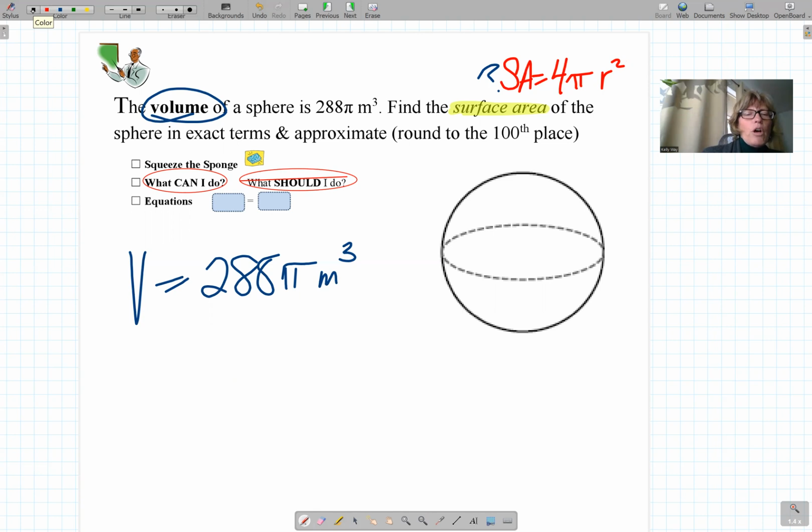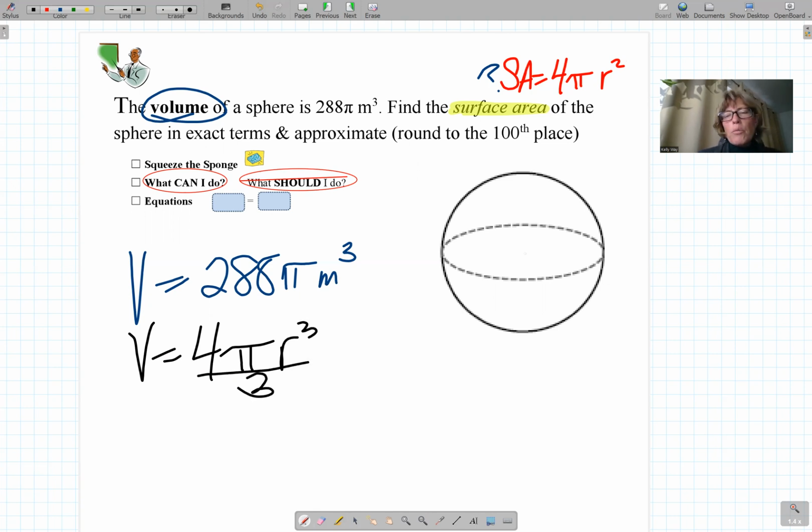So we have the volume, so we're going to start with the volume. Volume equation is 4 pi r cubed over 3. The only thing we need to solve for all of this is the radius. They're both volumes, so that's equivalent right here.